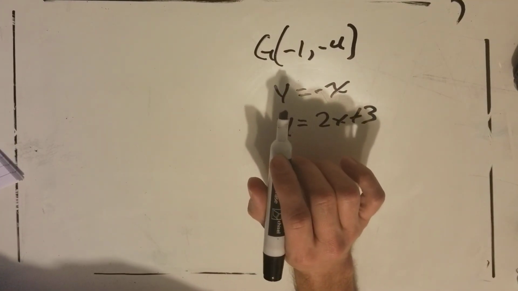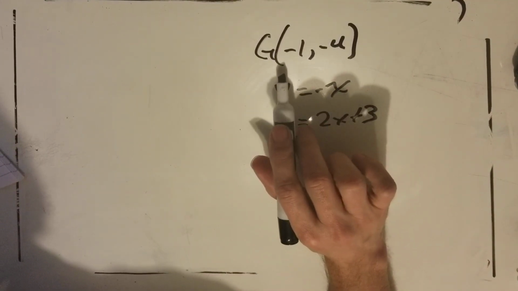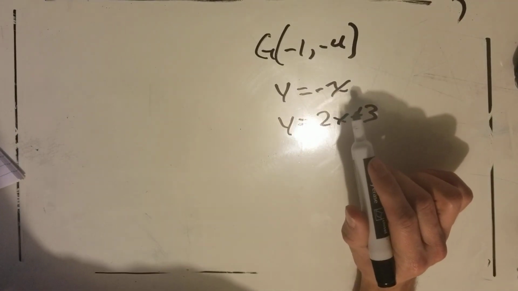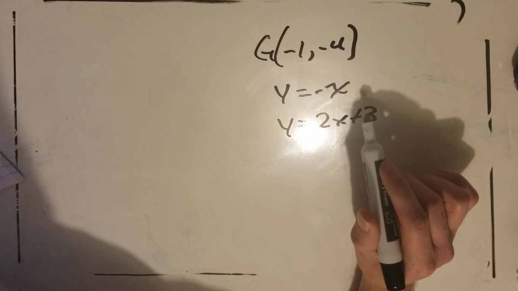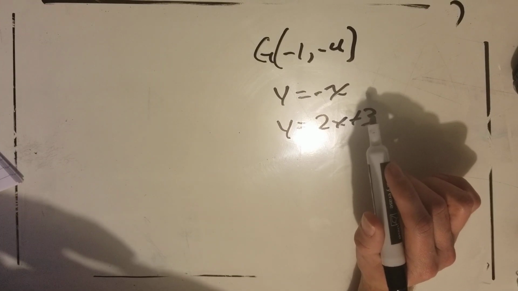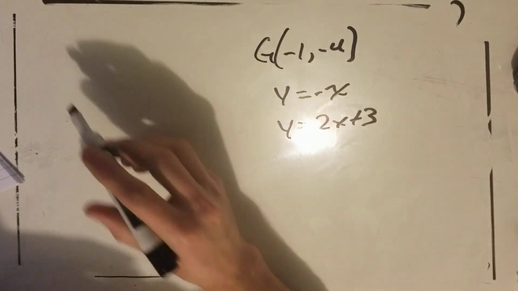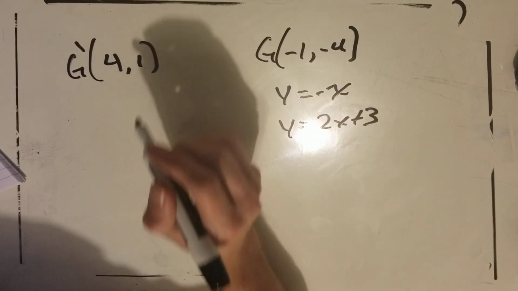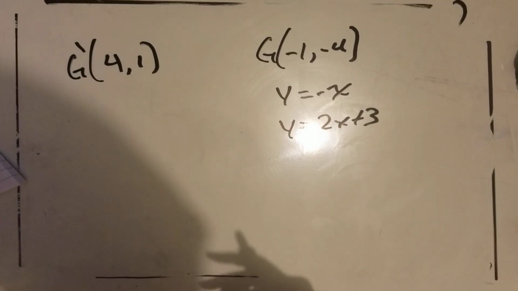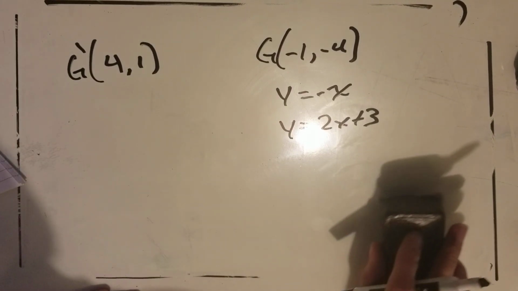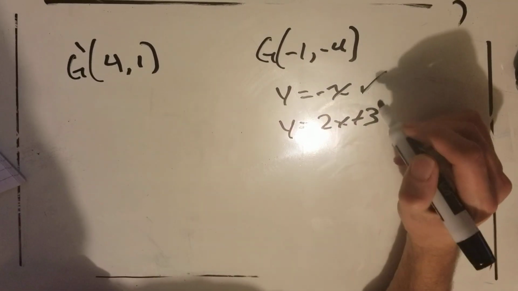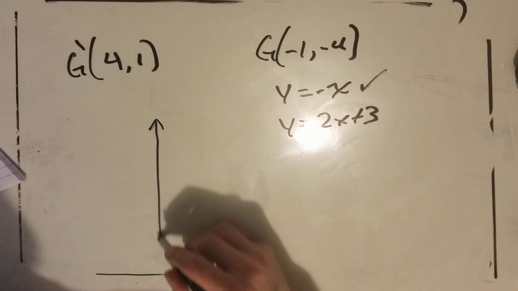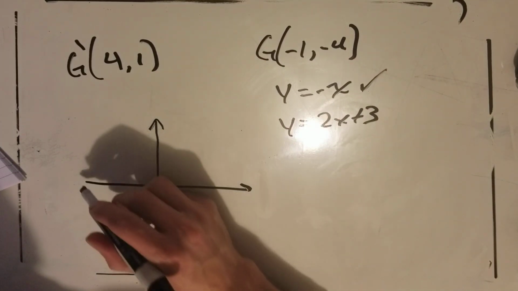So when you reflect G, -1, -4, over the line y equals -x, we know the special rule for that one: switch them and make them negatives. So G prime is 4, 1. That's after reflecting over this. Now we reflect over the line y equals 2x plus 3.